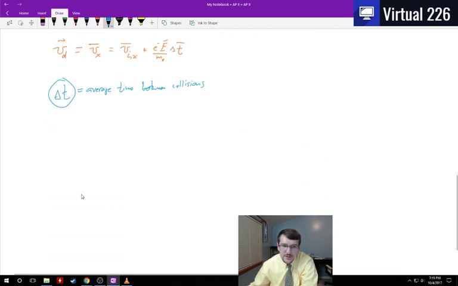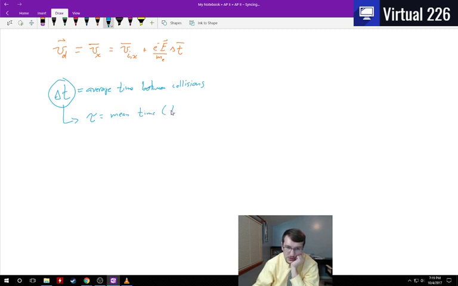Since delta t is this time between collisions, let's come up with a specific variable for it. We are going to label it tau. Okay? This is the mean time between collisions.